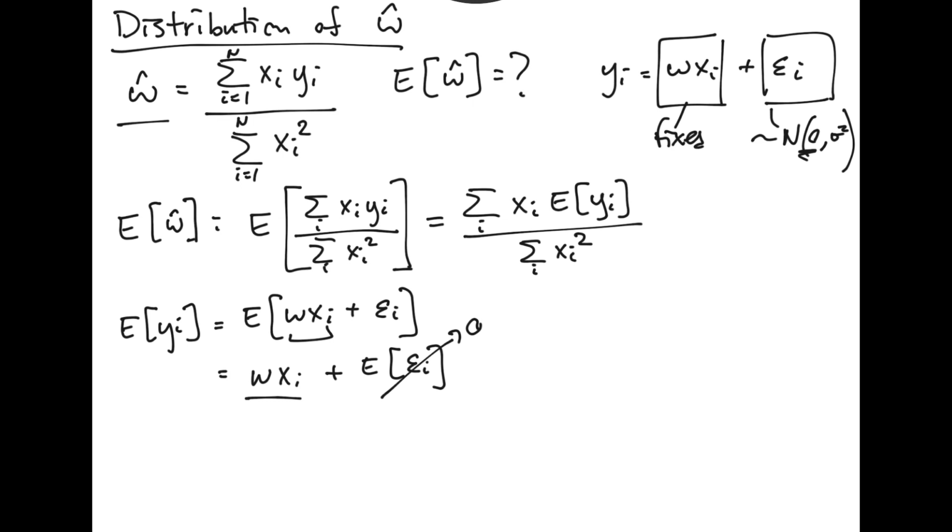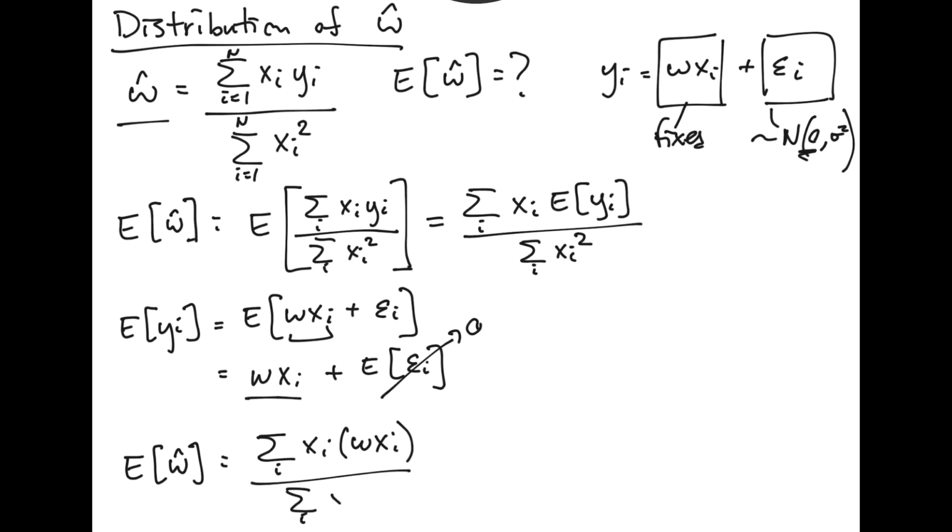So we can plug that in. E of w hat is equal to the sum over i of x sub i times w x sub i, over the sum over i of x sub i squared. Now we can take w outside of the sum, again because it doesn't depend on i.